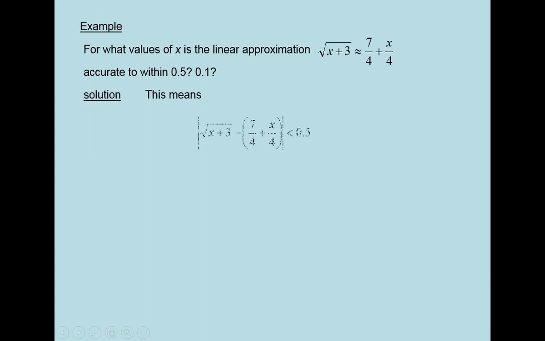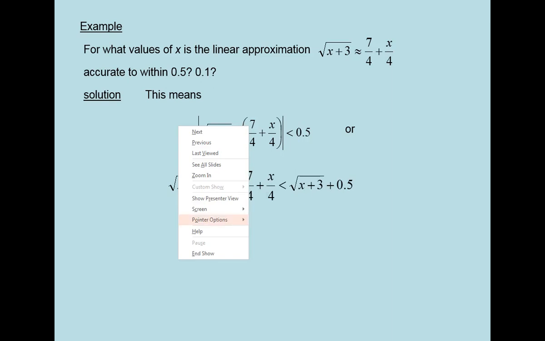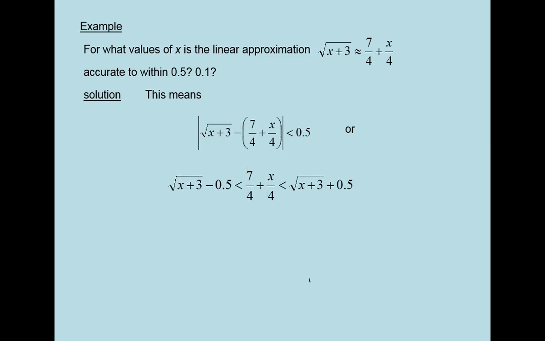So in order to do that, we're going to take the difference between the function and our linearization, and since it could be an overestimate or underestimate, we're going to use absolute value. But remember, absolute value inequalities, we can rewrite it. So we could rewrite it like this. Now, this skipped a step, so let me show you that step. If I take away the absolute values, I could say this.